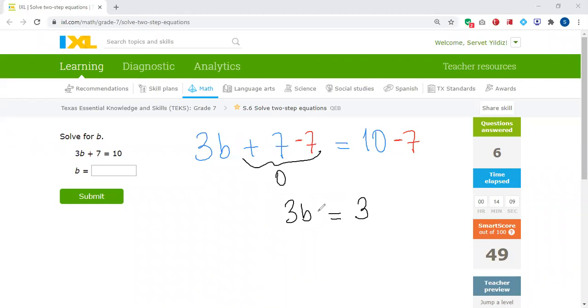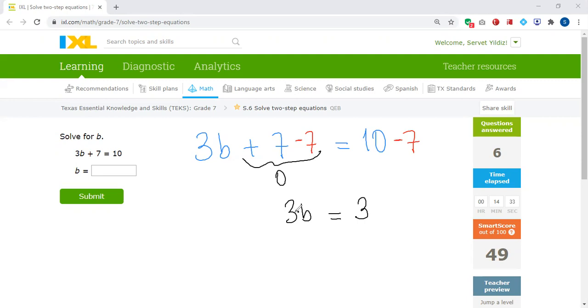So in order to get the value of b here, because 3 times b is equal to 3, I have to divide this number by this coefficient. 3 divided by 3 will give me the answer. Or 3 times what is 3? The answer is obvious, right? If you multiply a number by 1, you will get the number itself.